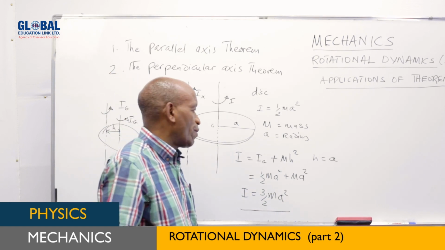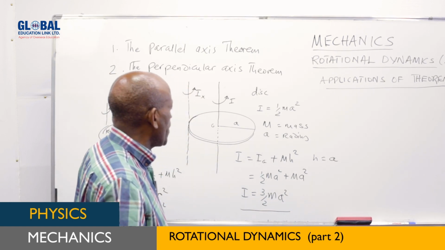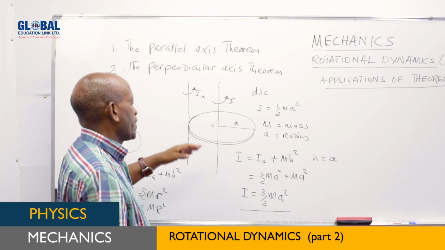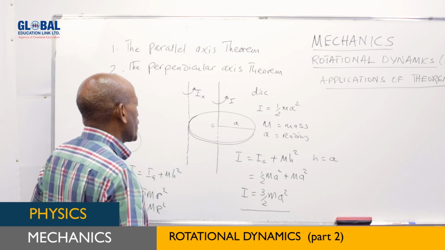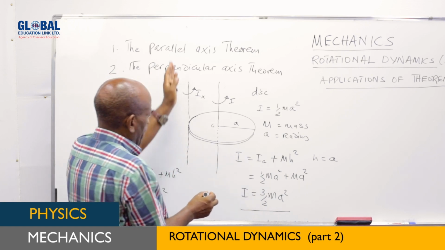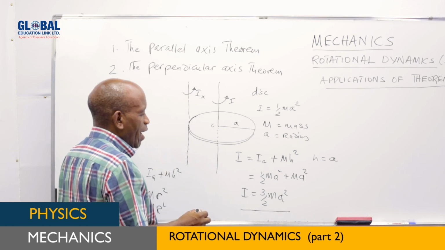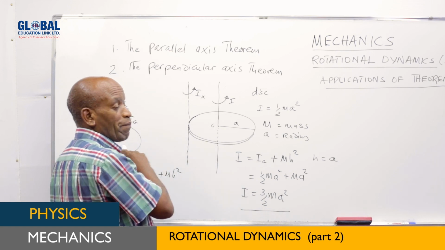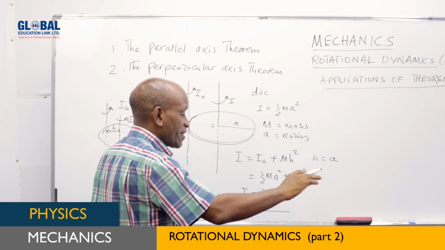Now, for example, I'm looking at the moment of inertia, let's say, of an axis which is just passing through the point on its rim, but now not perpendicular to the plane of the same disk.